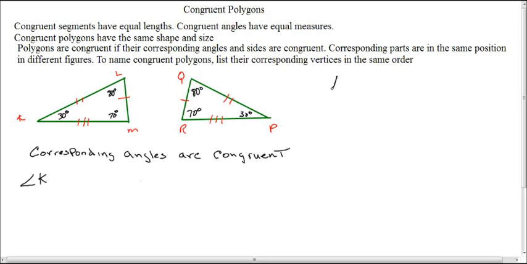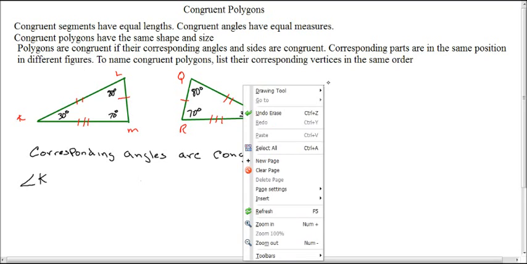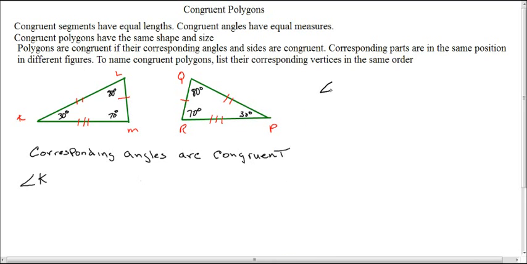So if you ever see a symbol that looks like that, I'm still drawing this thing. We're trying to keep it from looking like a greater than or less than. We'll just say here, if you see a symbol that looks like this one, it means angle.